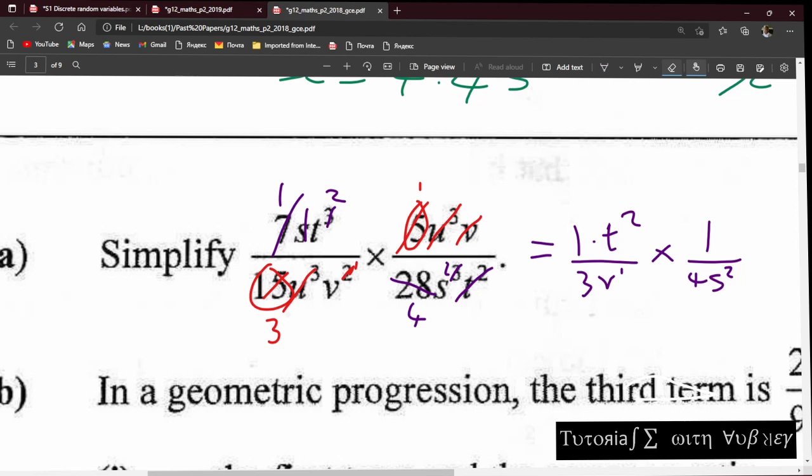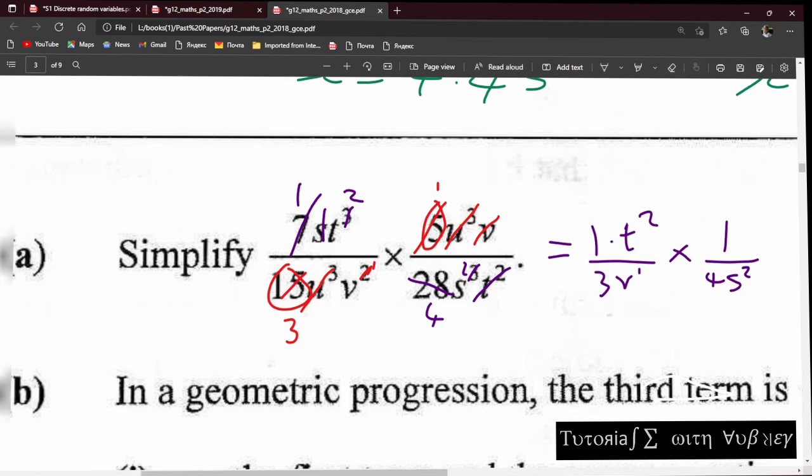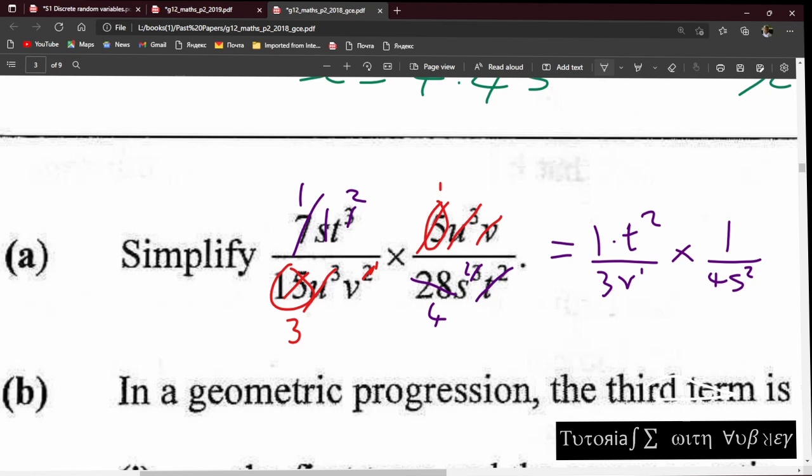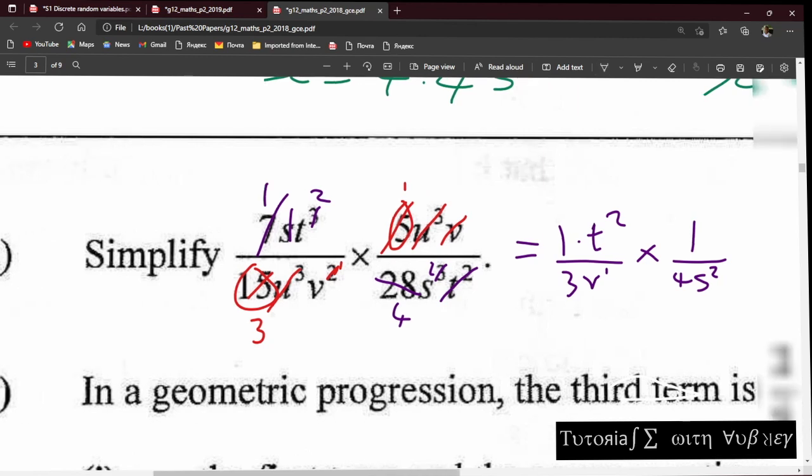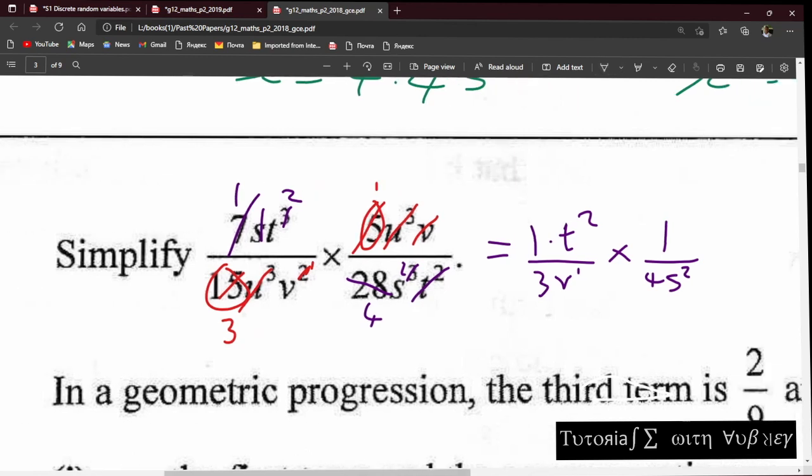Now this will be equal to... so you start by first multiplying the numbers. So this is 1 times 1, which is just 1. Then times, do we have any other variables here? So that is just times t squared, divide by, we start multiplying the numbers.